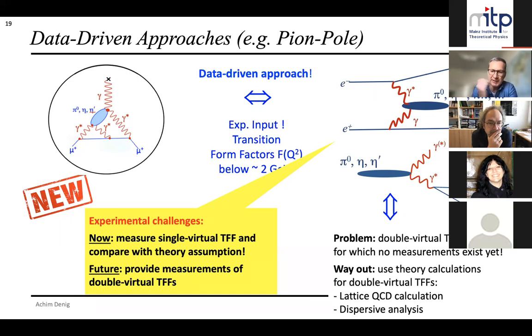And the big program for experiment is now to measure for the time being the single virtual transition form factors and compare with exactly these lattice calculations and dispersive analysis. And later on, with upcoming new data, also for the first time to come up with the double virtual transition form factors.